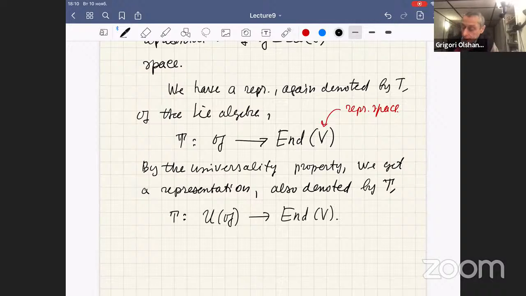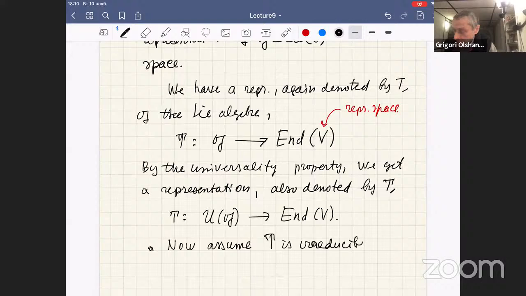Okay. But now assume that T is irreducible, and assume also that G is connected.